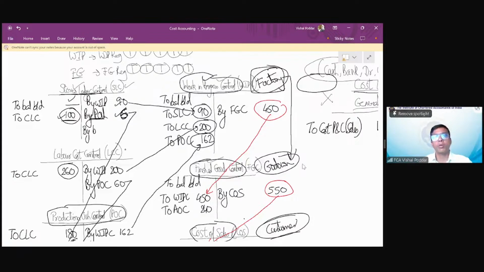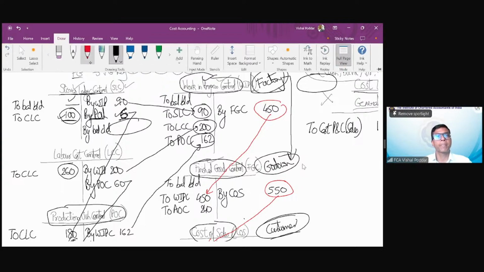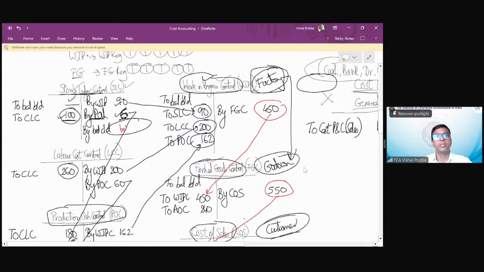You will find out the closing balance. This will be the balancing figure. So how this account will get closed? Stores ledger will get closed by passing the closing entry, which is of the balancing figure, which is your balance carried down. This account is closed.